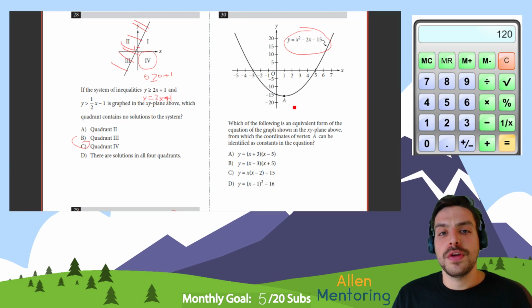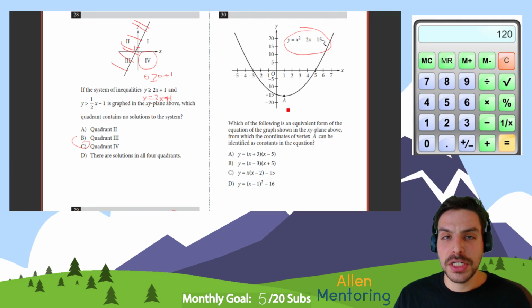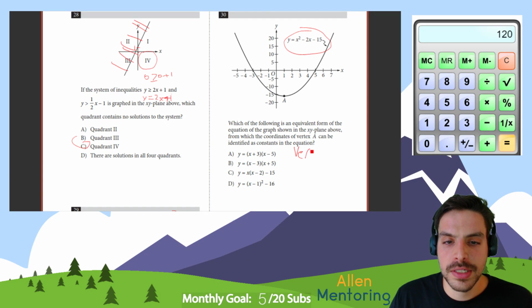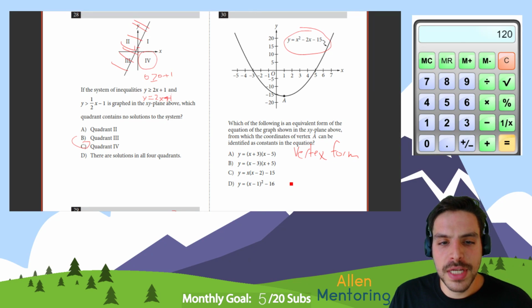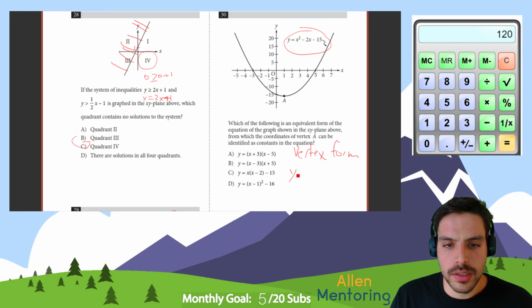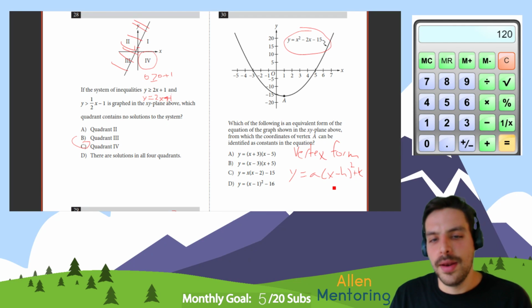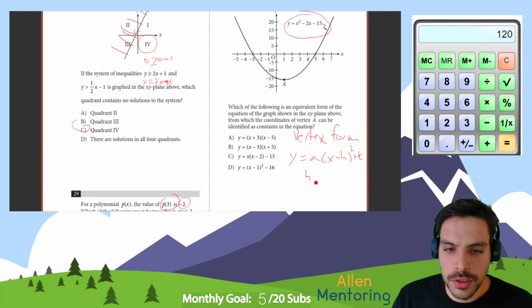All right, so if you've worked with quadratic equations and graphing before, I'm sure you reviewed something called vertex form. Okay, and vertex form is written as a times x minus h squared plus k. And if you remember, h, k usually refers to the center, or in this case is equal to the vertex.